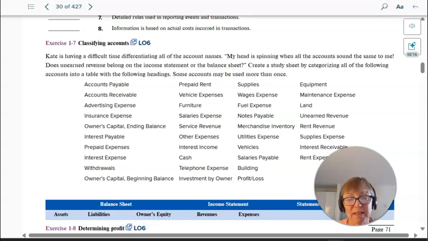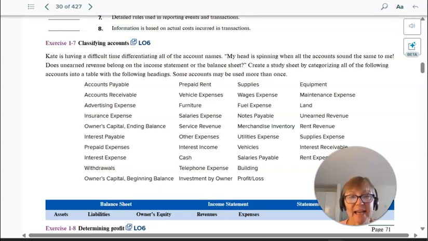Other expenses, any expenses, except if they're prepaid, any actual expenses goes on our income statement under expenses. Interest income is a type of revenue, which goes on our income statement. Cash is an asset on our balance sheet. Telephone expense is an expense on our income statement. Investment by owner, again, investments go on our statement of changes in equity.